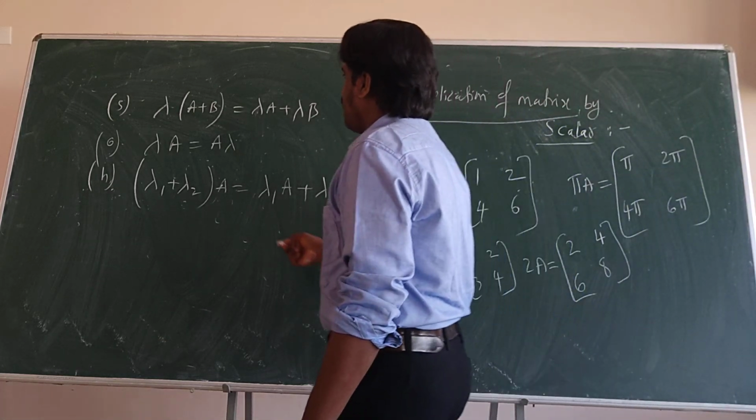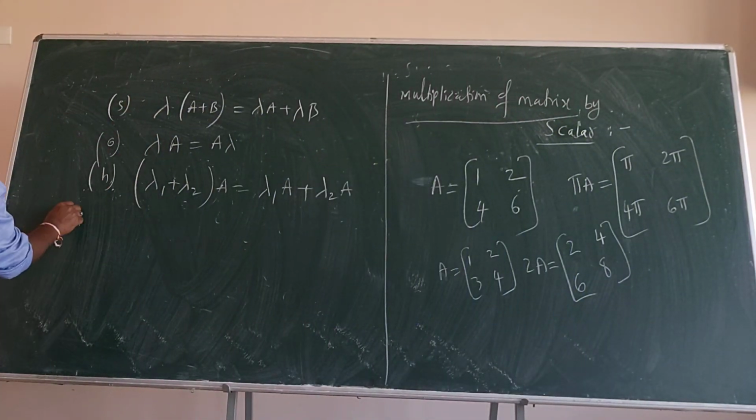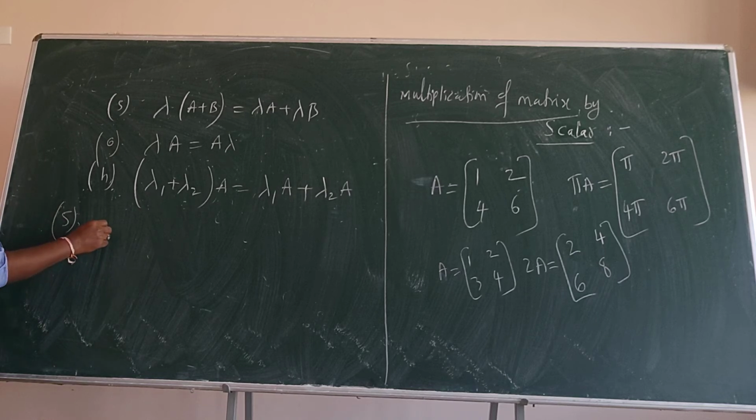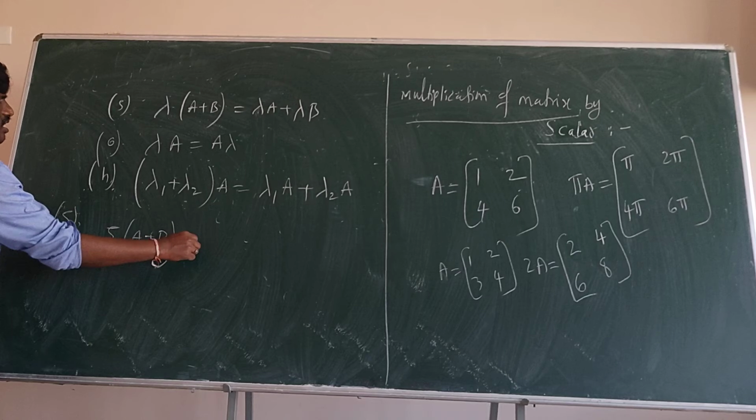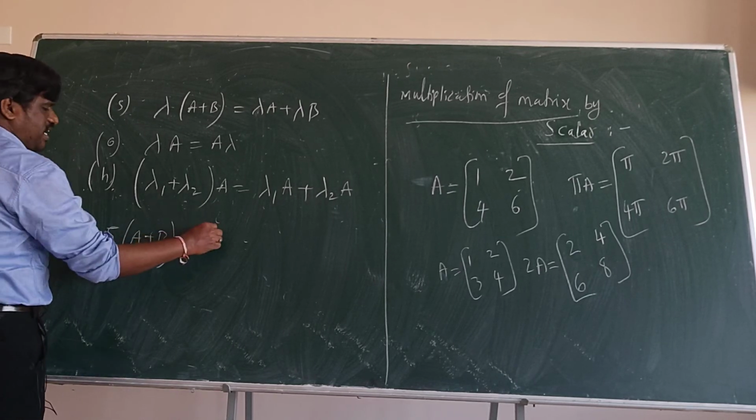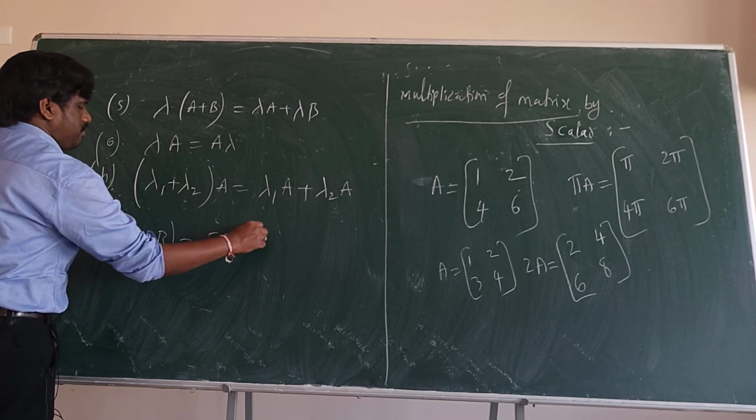Likewise, property number 5 is saying that if I multiply 5 into A plus B, this value will be equal to 5A plus 5B.